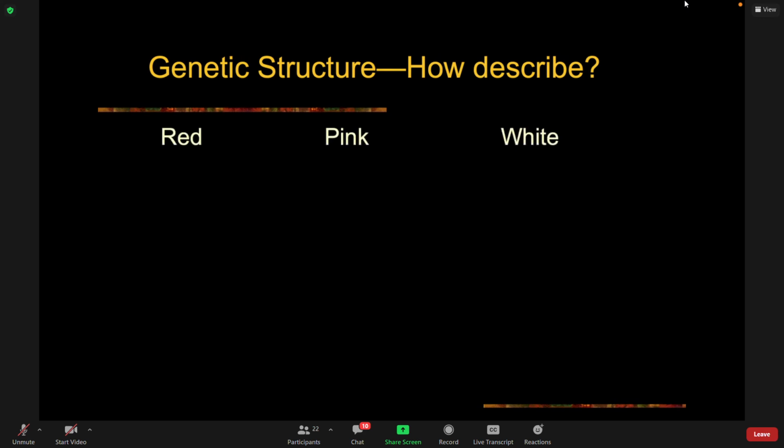Let's say that we go out and we have a species of flowering plant, and there are 3 phenotypes: red flower, pink flower, white flower. Some individuals produce red flowers, some produce pink flowers, some produce white flowers. So first of all, before I go too deep, I want to make sure that everyone understands what we're talking about when we say genotype and phenotype.